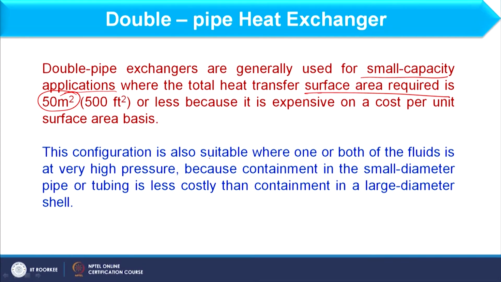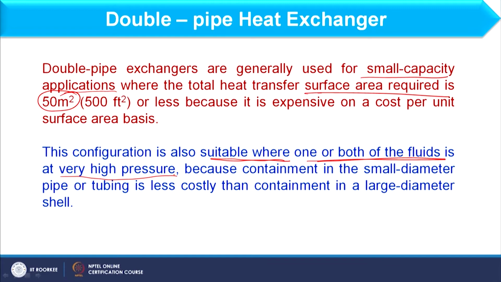Load, you understand, is the heat duty. So up to 50 meter square heat transfer area we can consider a double pipe heat exchanger, and if I find more heat transfer area than that, we should choose other heat exchangers like shell and tube heat exchanger, etc. And this configuration is also suitable where one or both of the fluids are at very high pressure.